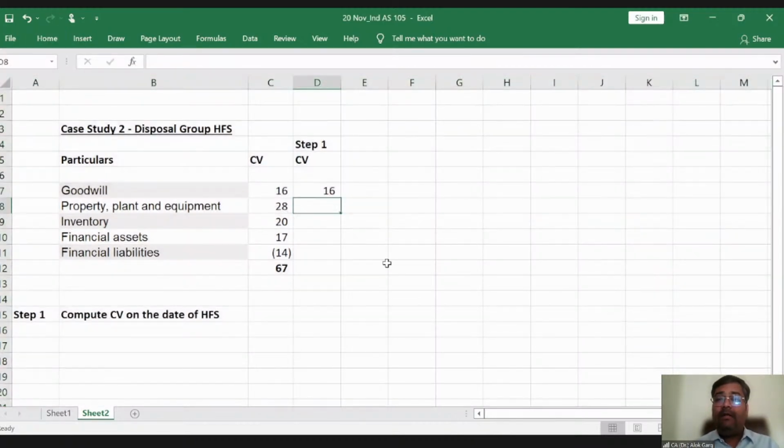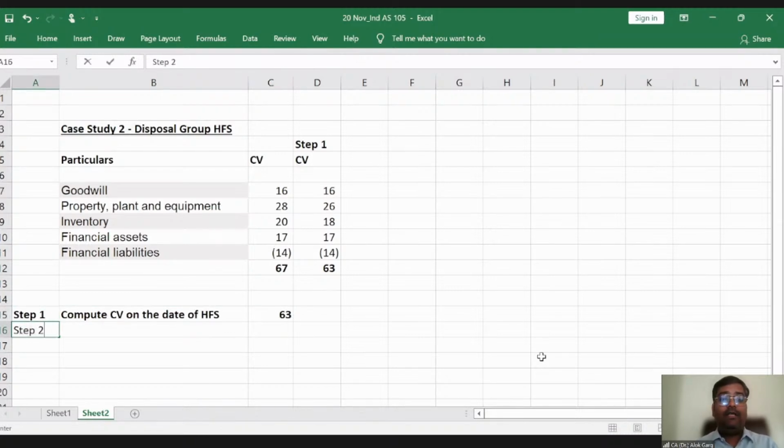But for PP, the information is given that PP carrying value is 26 million. Carrying value of inventory is 18 million. We'll consider the financial asset at 17 only. We'll consider the liabilities at 15 only. So the total comes out at 63. So the carrying value on the date of classification as HFS is 63 million.